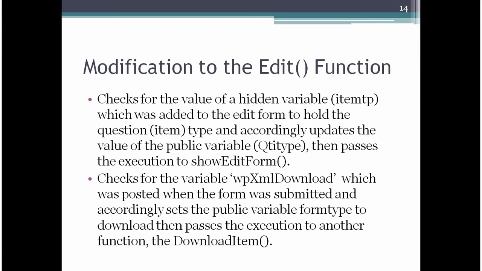So it just checks if this was posted, and if it is, it will change the form type to a download, and then this would pass on the execution to another function that I have written, which is called download item, and will download the item just like you saw earlier.